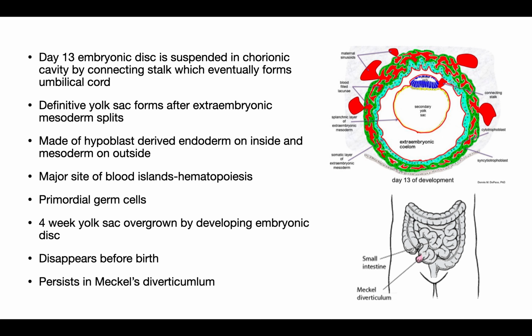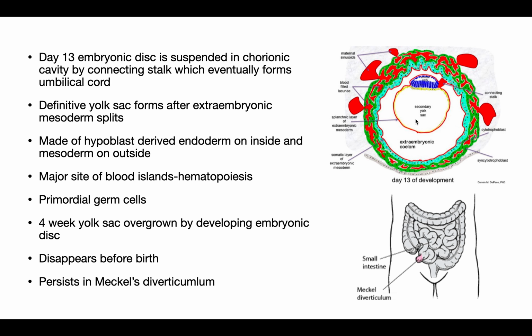Okay, so by day 13, the embryonic disc is going to be suspended in the chorionic cavity by the connecting stalk, which will eventually form the umbilical cord. And then the definitive yolk sac will form after the extra embryonic mesoderm splits. And it's going to be made out of the hypoblast derived endoderm on the inside and the mesoderm on the outside.